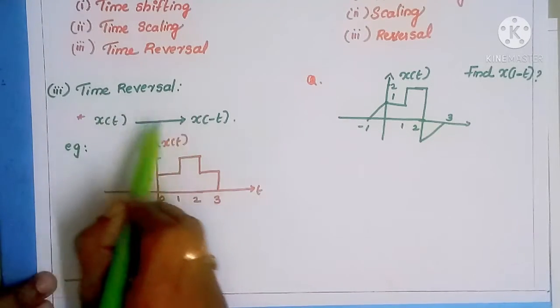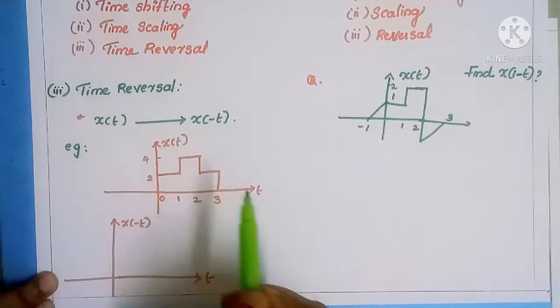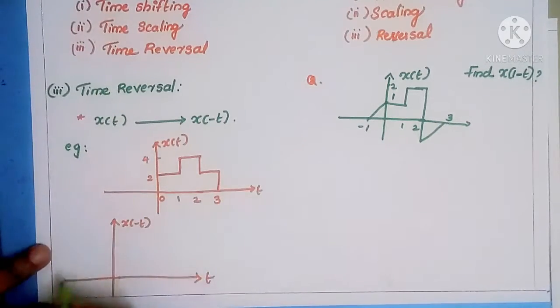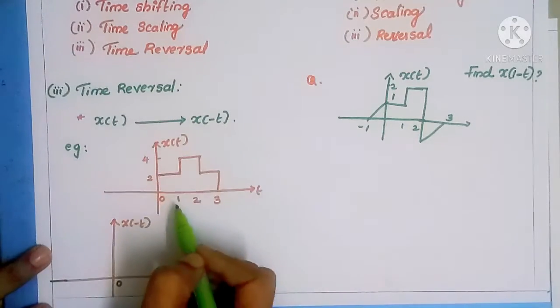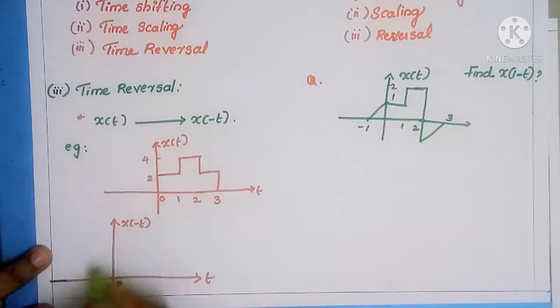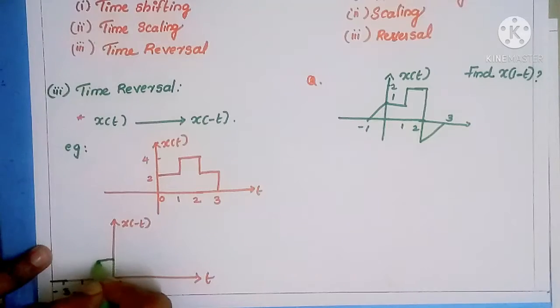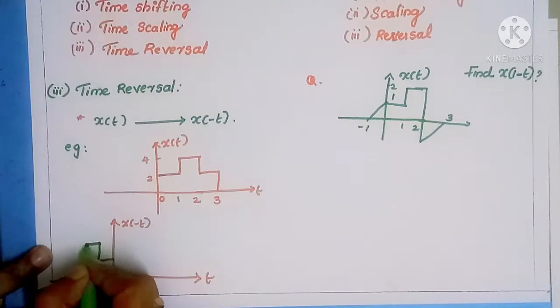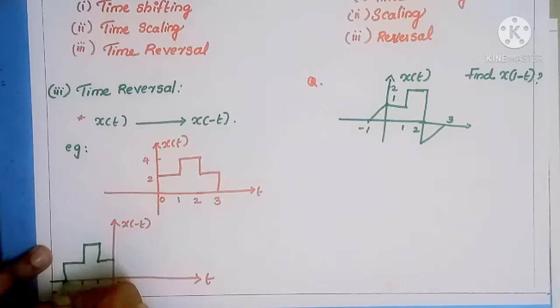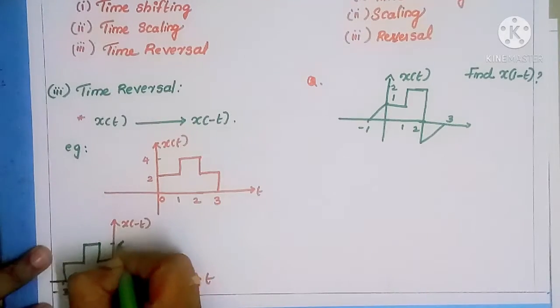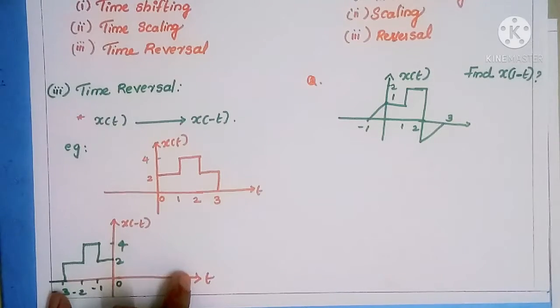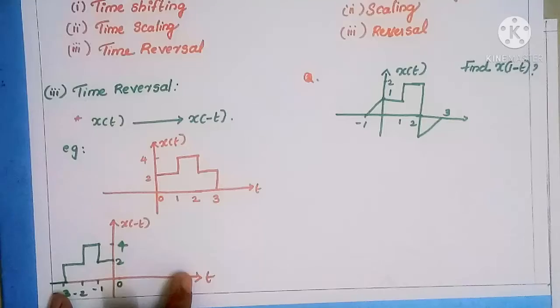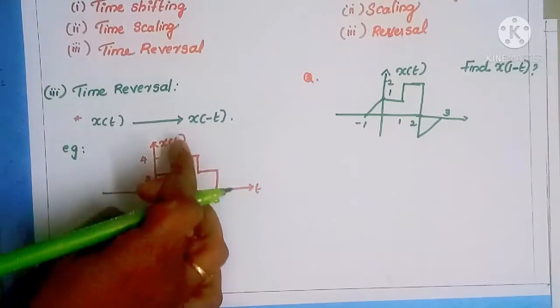When we apply this time reversal operation, we will get the signal present at 0, and time reversal means take minus t, so minus 1, minus 2 and minus 3 points. So we can draw this signal like this. Here we get a mirror image of this signal. So this is our output signal. Here we performed the time reversal operation. We only changed the sign of this time.